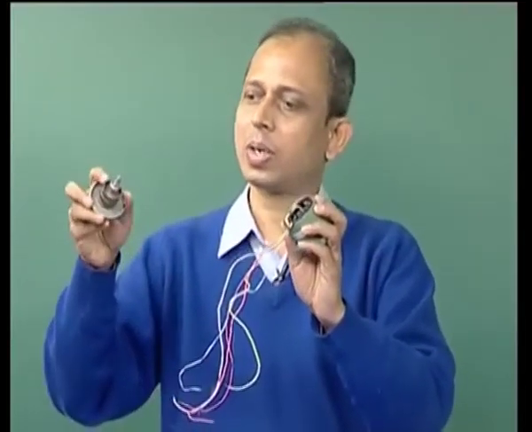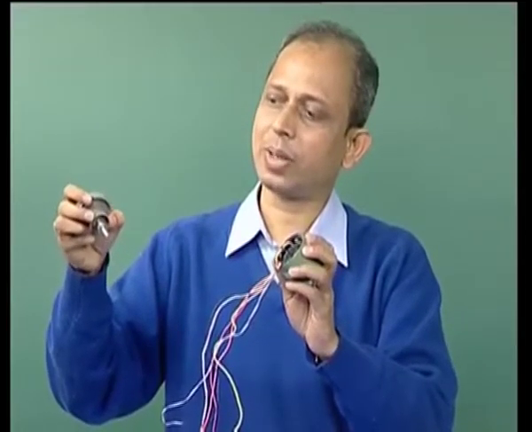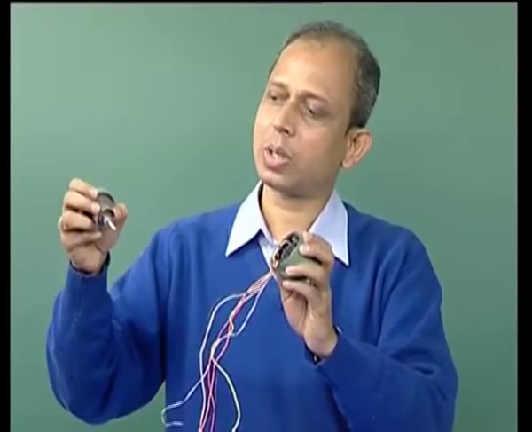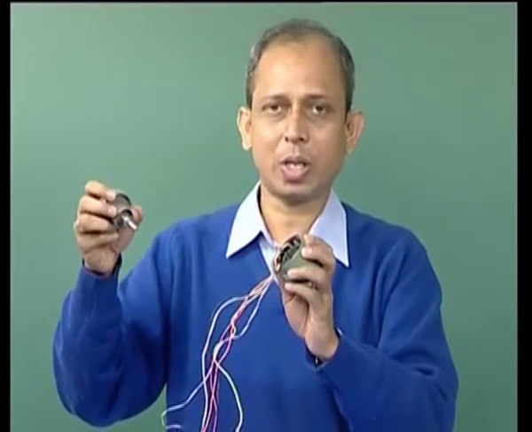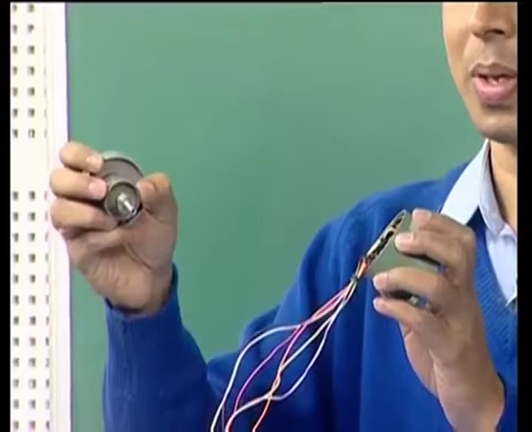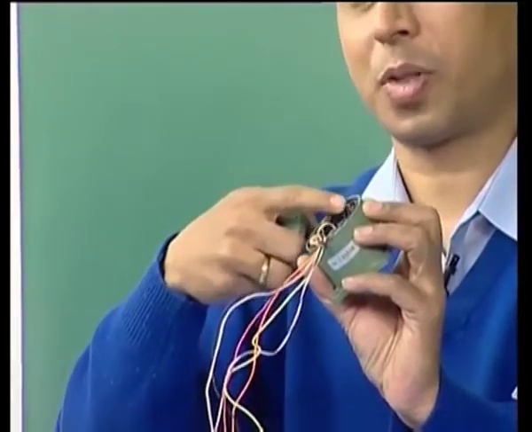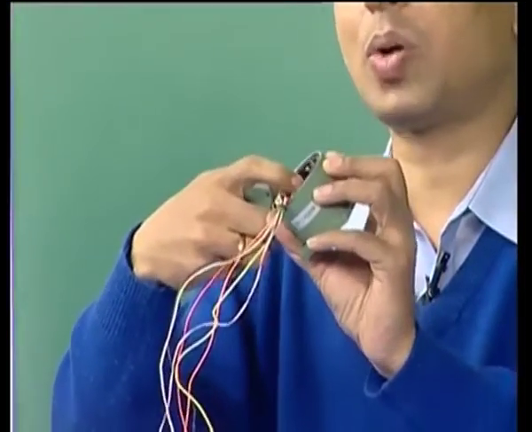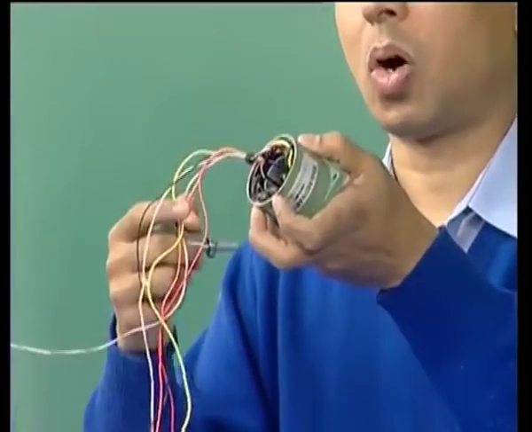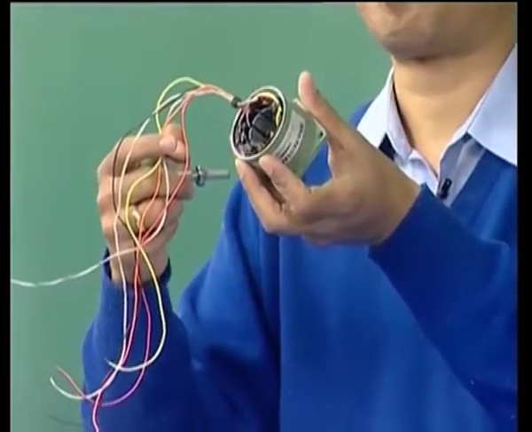The rotor has a lot of corrugations. In fact, we can say the rotor has slots and teeth. It is not a smooth rotor, and that is how the torque is produced. And similarly, the stator also has concentric windings. The stator also has some corrugations. The stator also has slots and teeth.